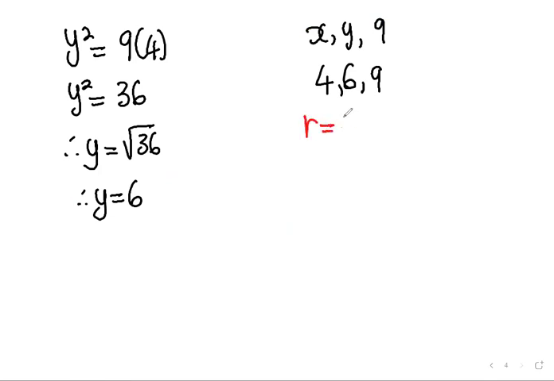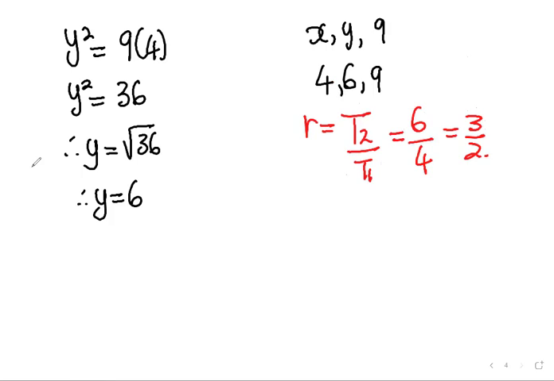So r equals, remember when you find the common ratio, you're just going to say second term over the first term, right? Then that will give you T2, that is 6 over T1, 4. What is 6 over 4? That's 3 over 2, right?